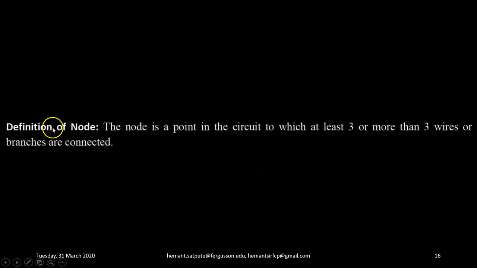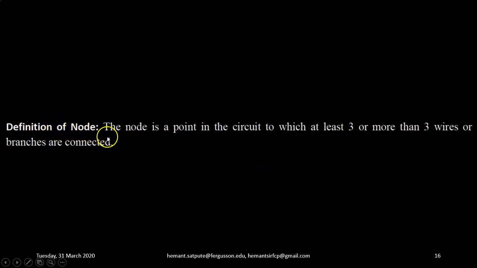Let's see what this KCL states. Kirchhoff's current law states that the algebraic addition of all the currents in a closed circuit is always equal to 0. It gives us the idea of sign convention of currents in a circuit. To be precise, the algebraic addition of all the currents at a particular node in the circuit is always equal to 0.